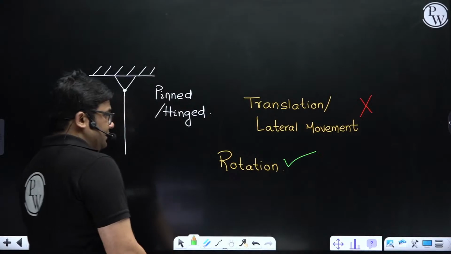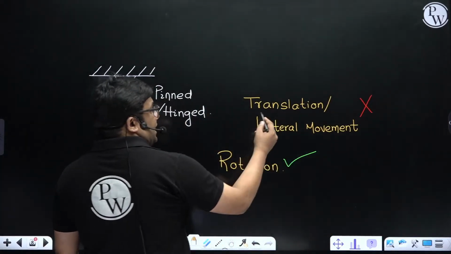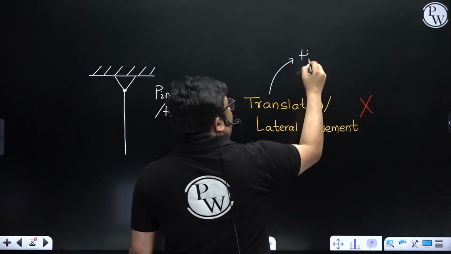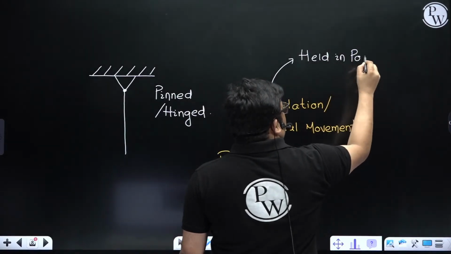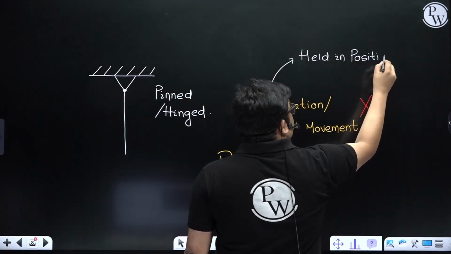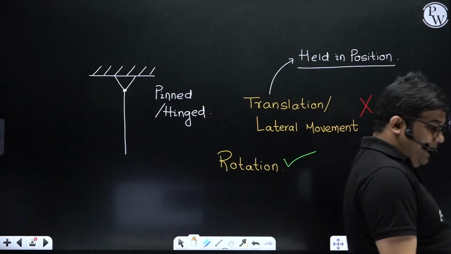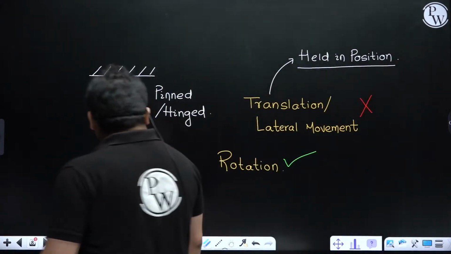So when I say translation, lateral movement, is not allowed, it is indirectly held in position. But I cannot say it is held in direction. Why? Because rotation is allowed, which means the direction can change.